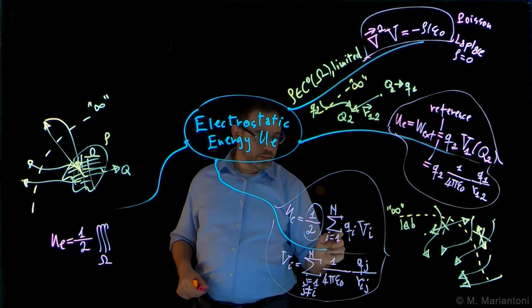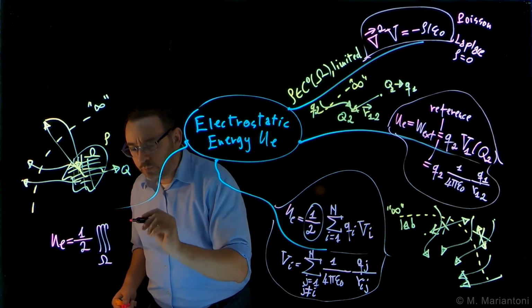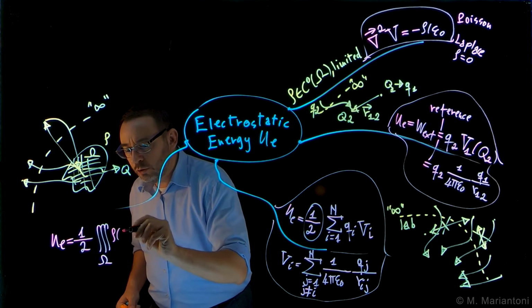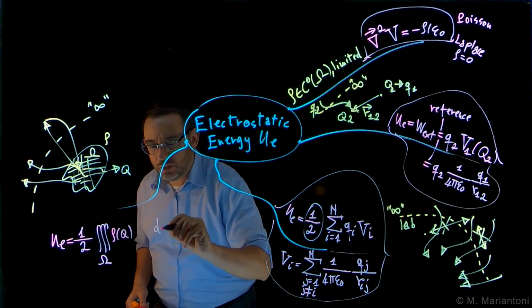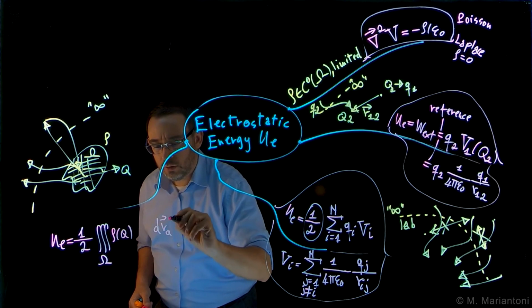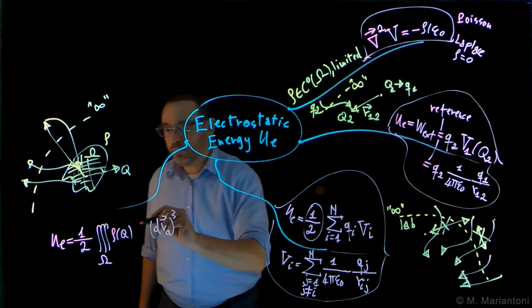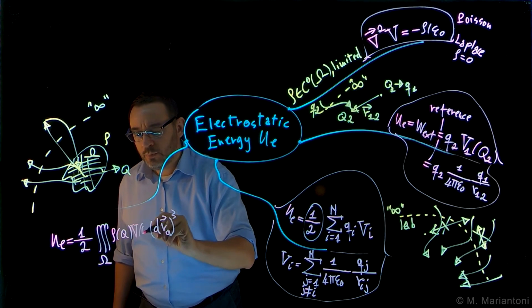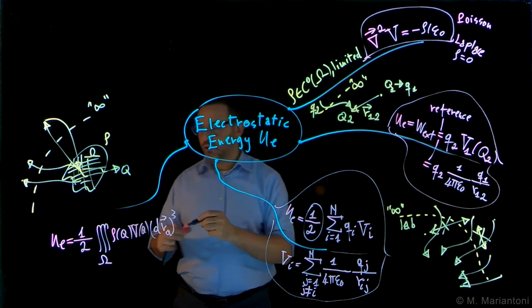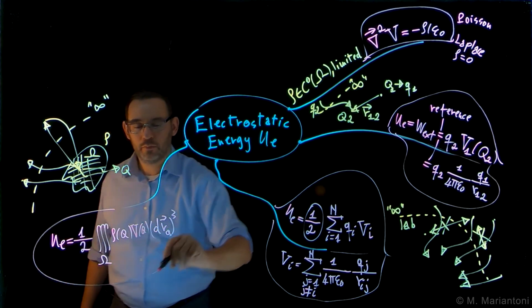And obviously, the charge becomes dq, and dq is nothing but rho(Q) dV, which is d^3 r. Okay, this is my charge dq, which is Qi, and the potential V at point capital Q. Okay, total general expression here.